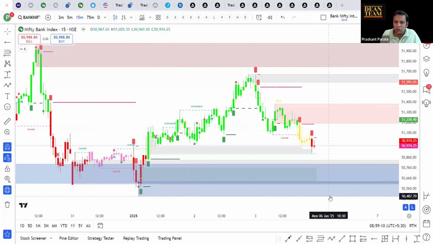Price may come down below this, but we cannot say that it will fall very strongly. If it gives a retracement entry with a small stop loss, and we are getting big targets, then that is a good trade.